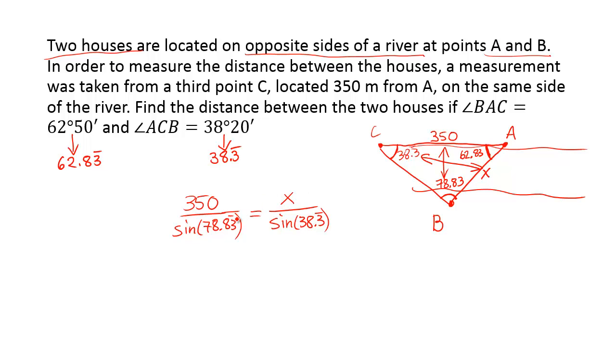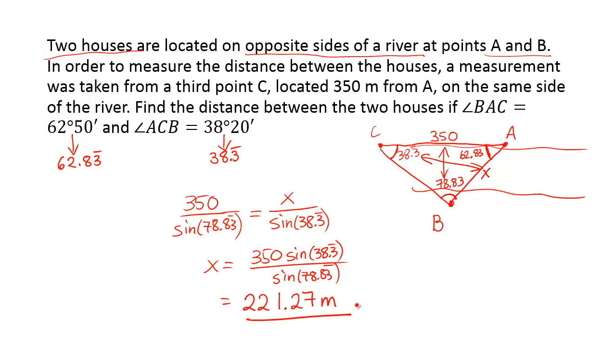Now when I type in repeated, I just type in a bunch of threes just to give it more accuracy. So when we cross multiply and divide, we get 350 times sine of 38.3 repeated over sine of 78.83 repeated. And this gives us 221.27 meters as the distance between the two houses. And they didn't have to cross the river.